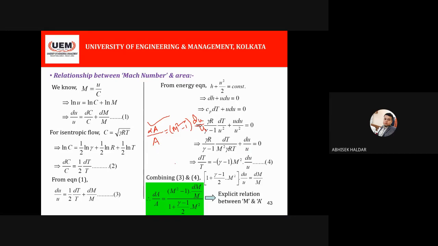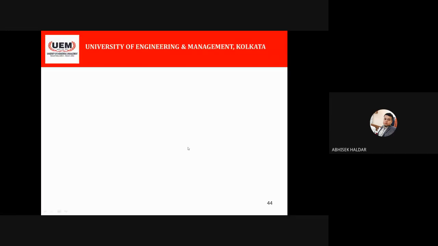So the next topic that we will have is sonic states. Very important. From the name you can predict that sonic state means when my Mach number is 1. So at any position in any particular flow of any duct, if I achieve the sonic condition, then the properties at that particular section are known as sonic properties.